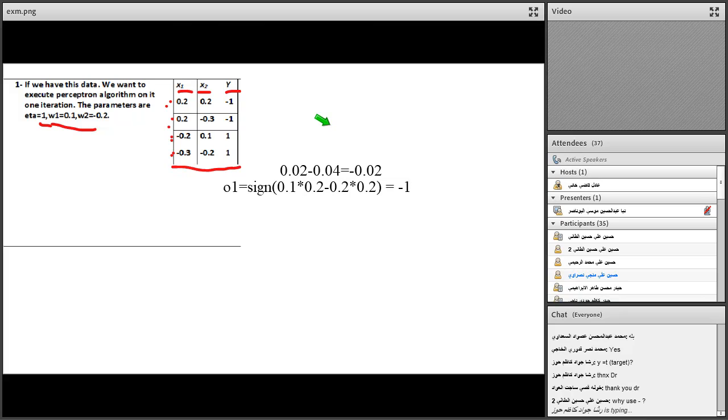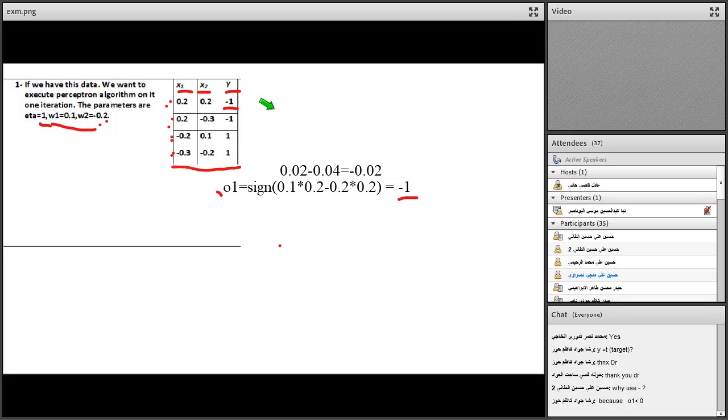But W2 is minus 0.2. So this is the first data, and you see that this -1 is equal to the target, so we don't need to update the weights.